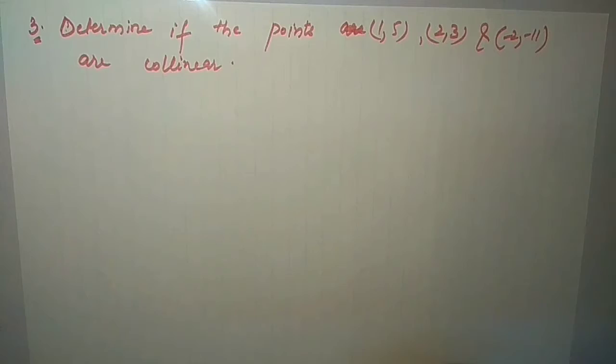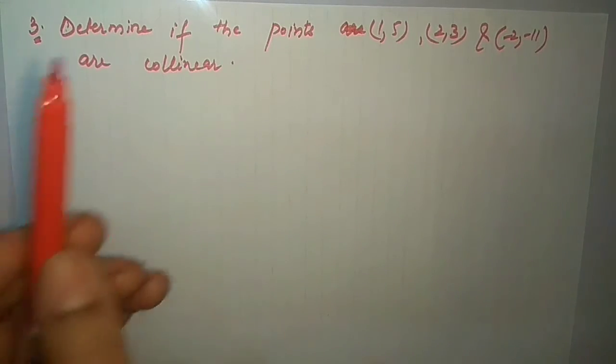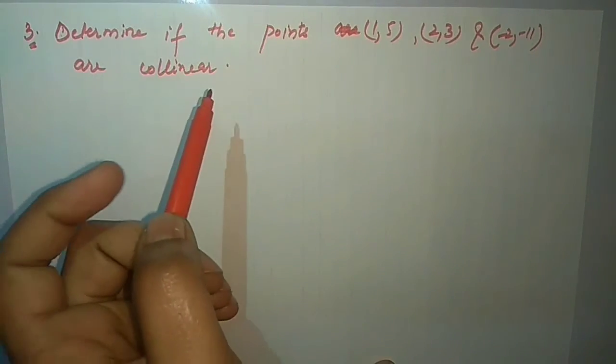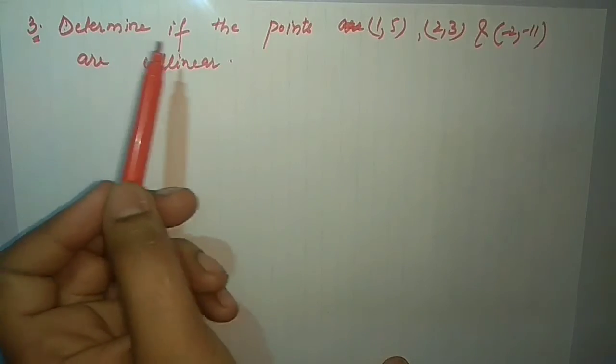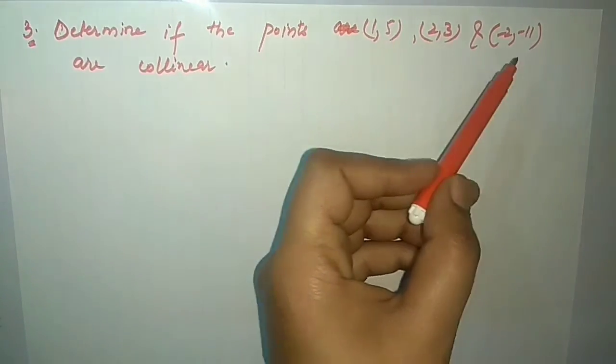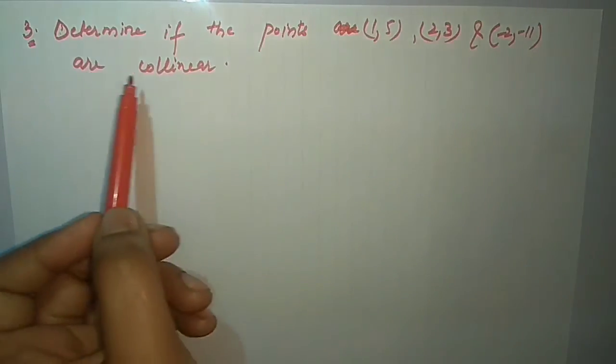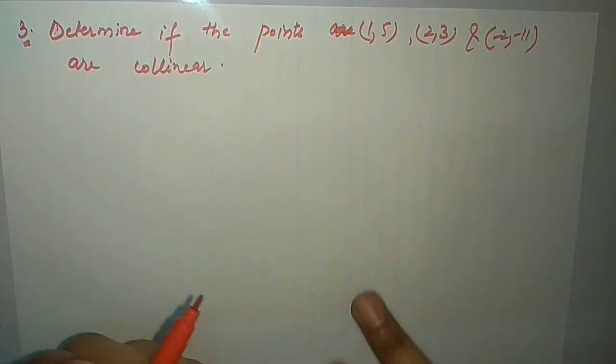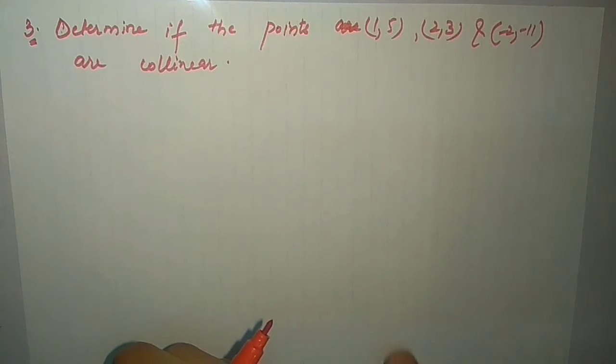Now the next question, question number 3 of exercise 7.1, is: determine if the points 1, 5, 2, 3 and minus 2, minus 11 are collinear. This is a very important question from the examination point of view.